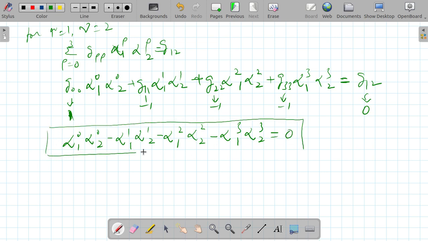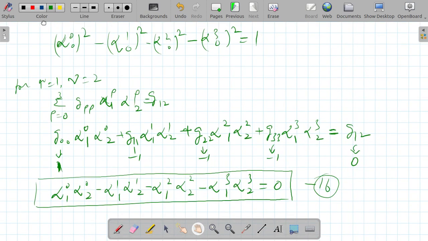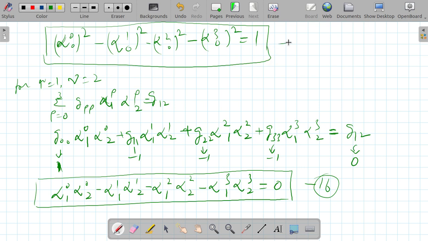So this is equation number 14. So we will get two results. One result is this one, and another result is this one.